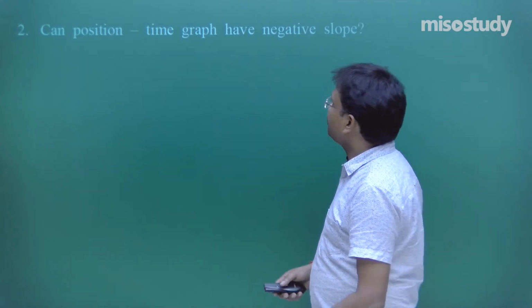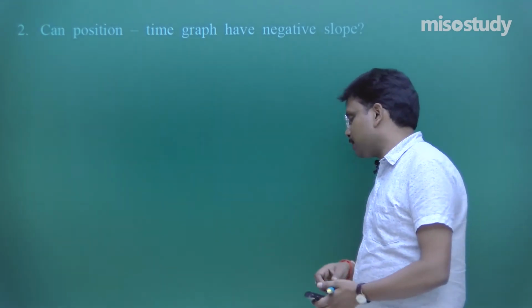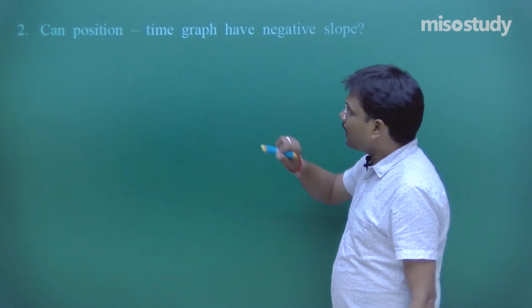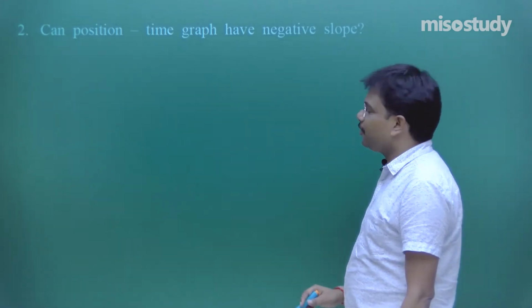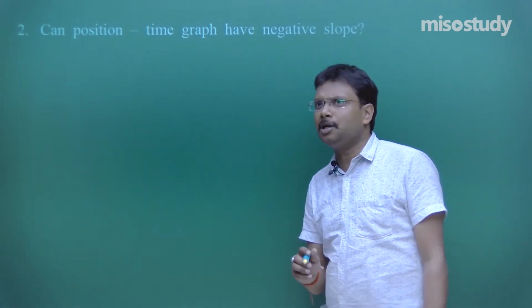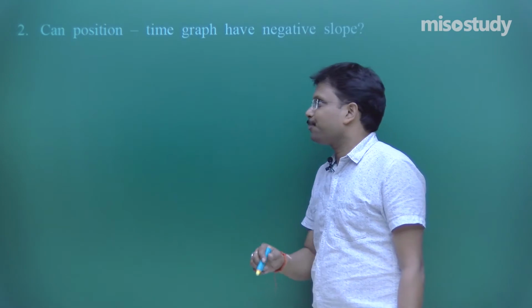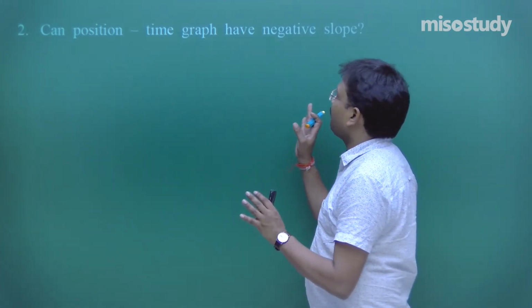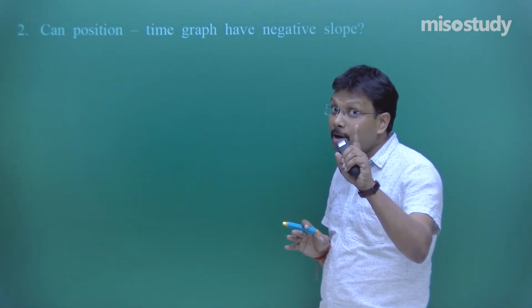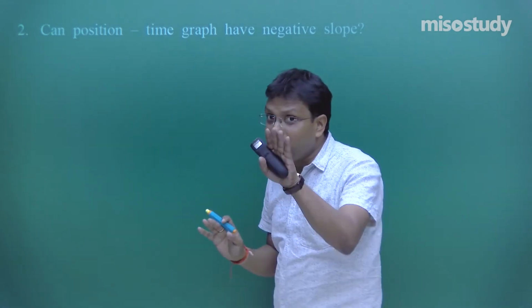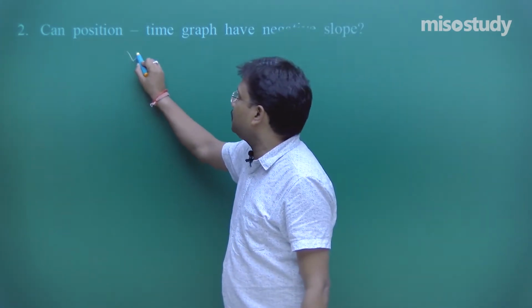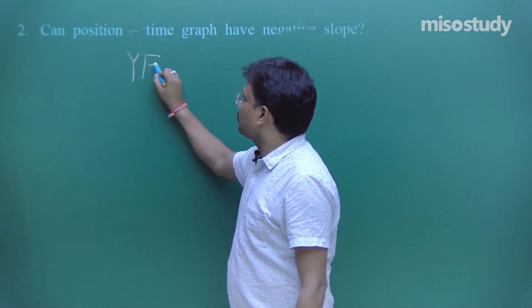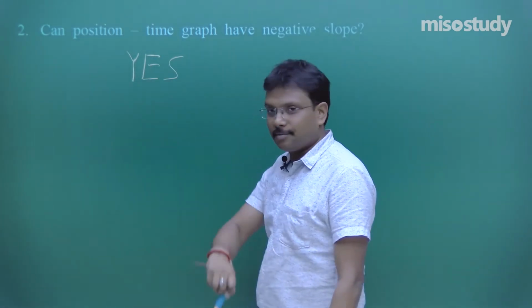So here comes the second question: can a position-time graph have a negative slope? It is also a 1 mark question. The answer you will write in the answer sheet is: yes.